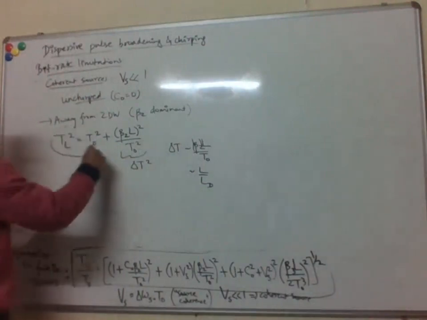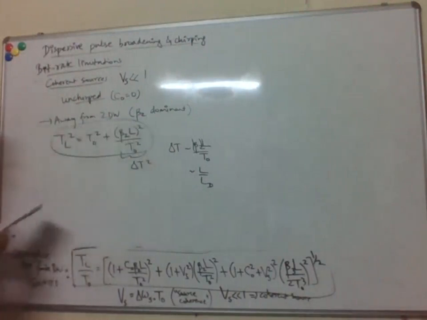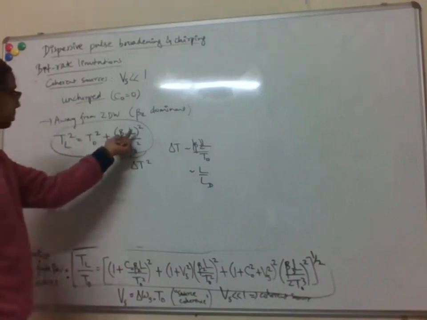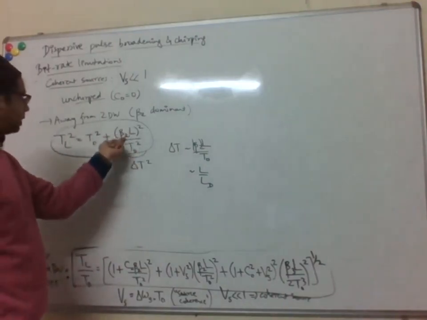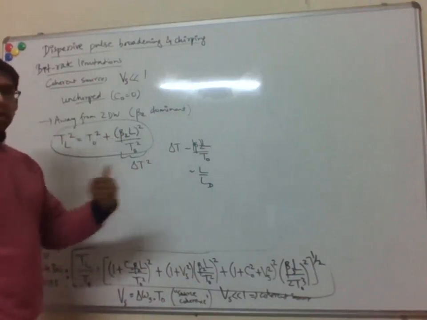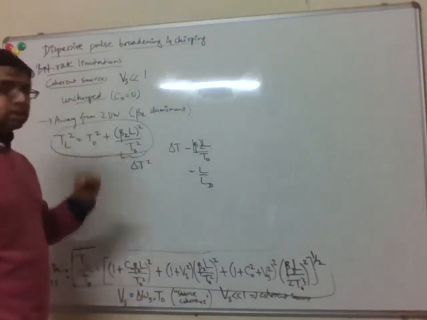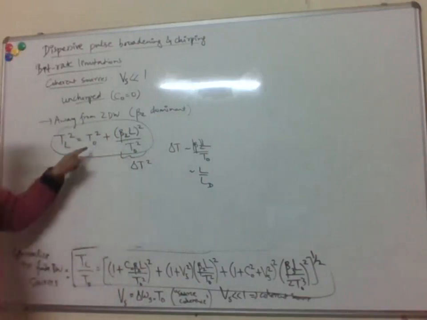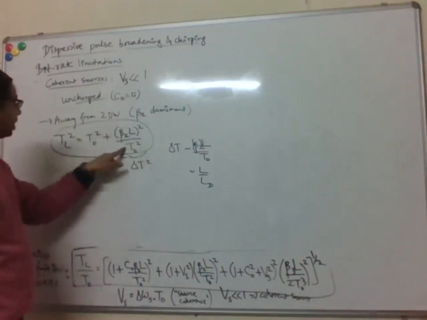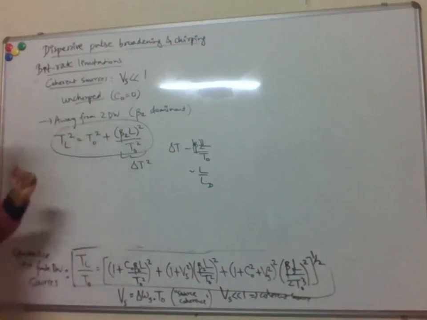Another thing to note here is the final pulse width. For a given fiber of some length L and GVD coefficient, we can control what our input pulse T naught is. You can see that there's a term which increases with T naught, and a second term which decreases with T naught. So actually there's an optimum T naught here which will minimize TL.